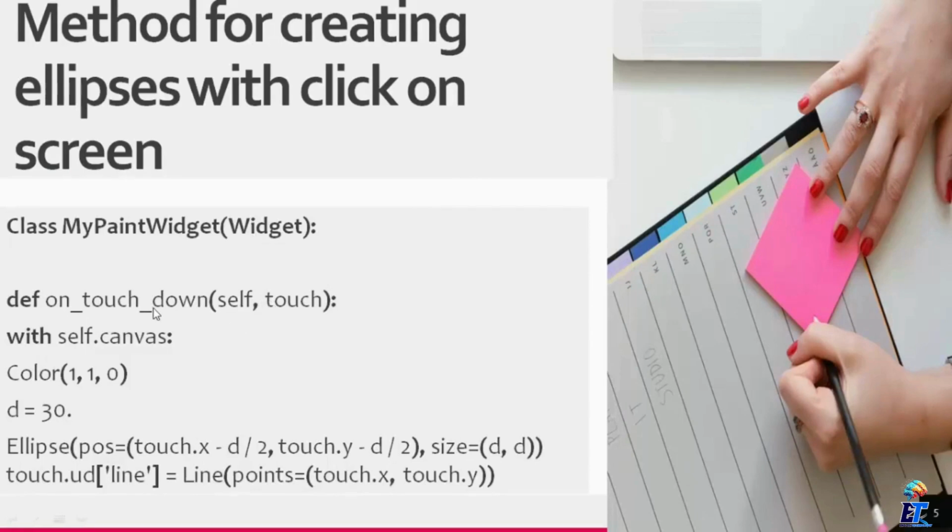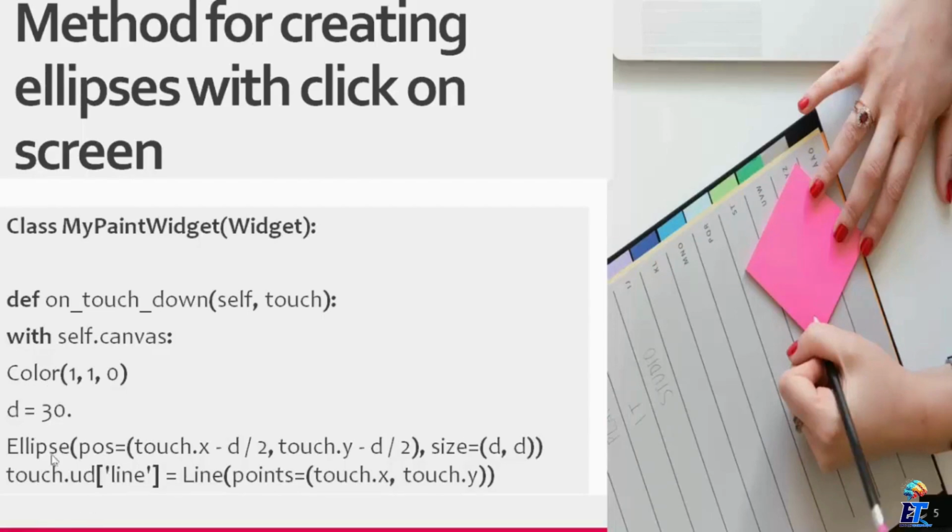Once the method is created, inside that we'll use self.canvas, and inside the canvas we'll define the color code and the dimension as d equal to 30 and color as 1, 1, 0, which is a yellow color. Similarly, you can provide as you want. You can set red or blue or green as you want.